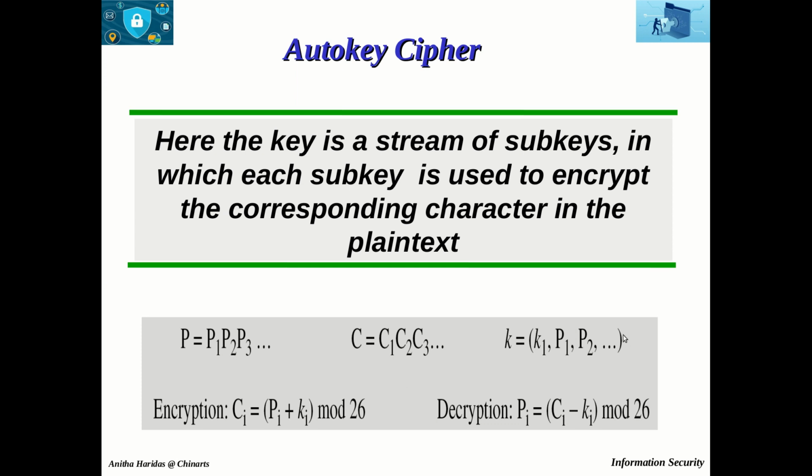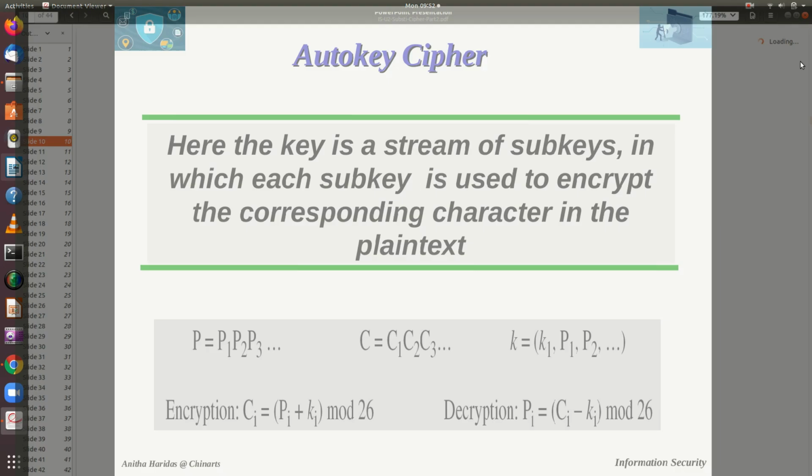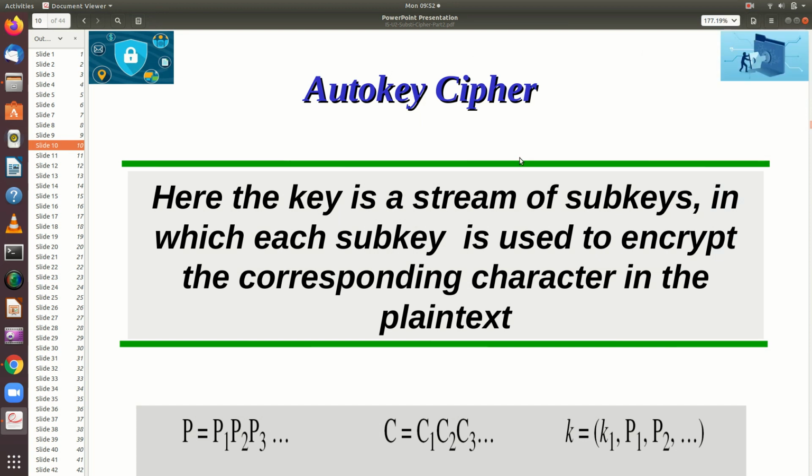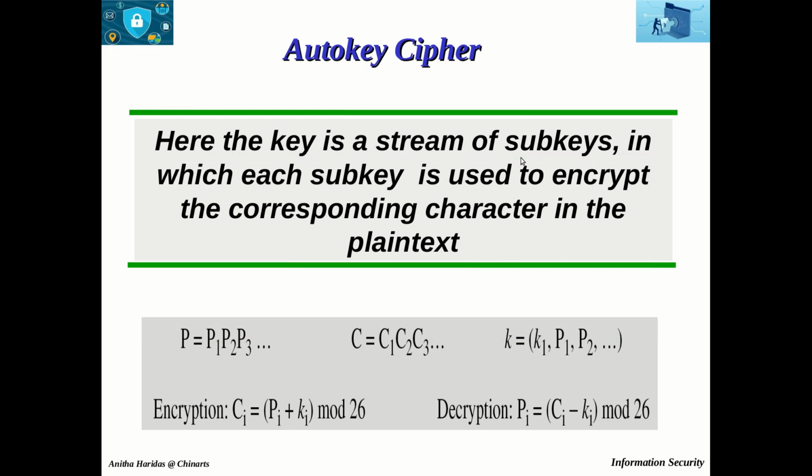So this is how the key here will be defined. Now here what we have to understand, the name of the cipher auto key implies that the subkeys are automatically created from the plain text and the cipher characters during the encryption process. That is what we have to understand here.